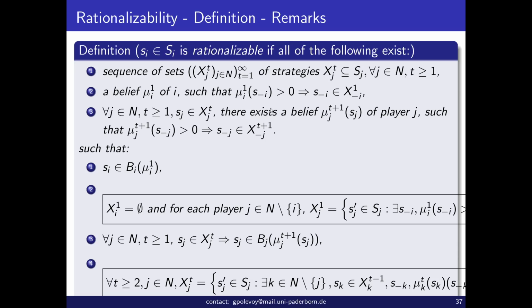Now let me just denote that the requirement that x1 minus i includes everything which is in the support, and in general x t plus 1 minus j includes everything which is in the support of what we need in the belief mu to justify the strategies of the previous level.